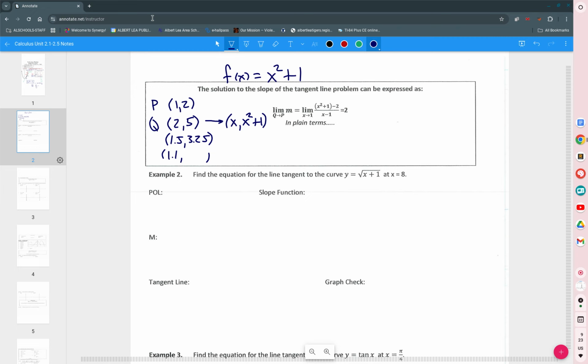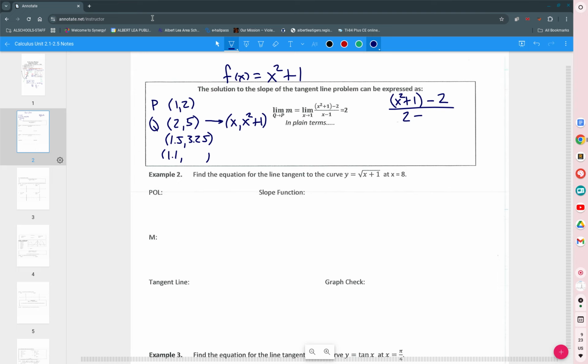So now if we write out our slope, we have y sub 2 minus y sub 1 divided by x sub 2 minus x sub 1.